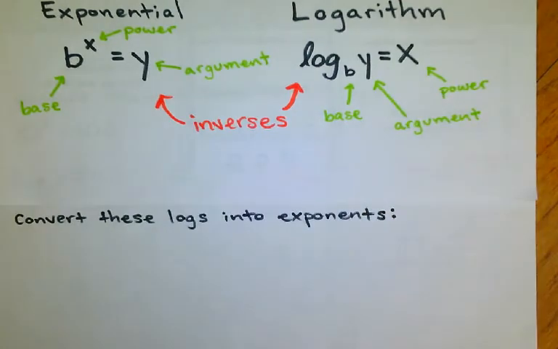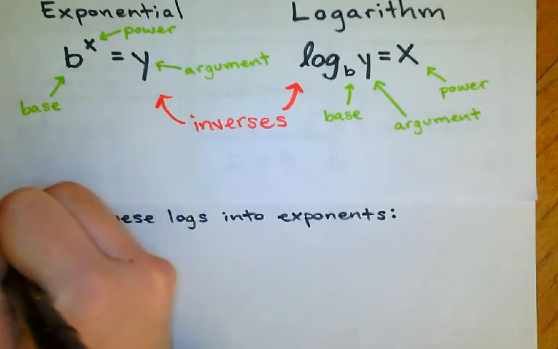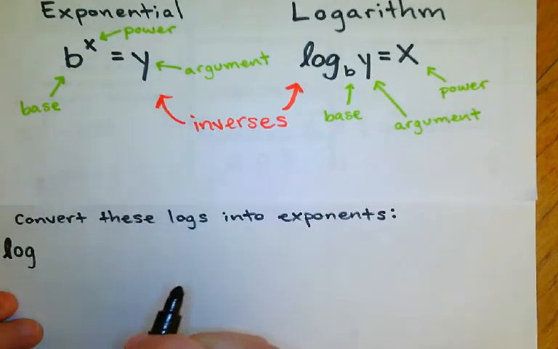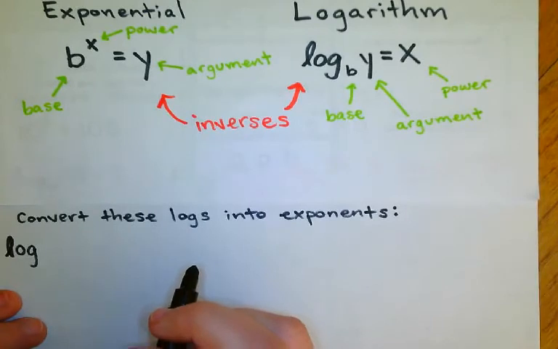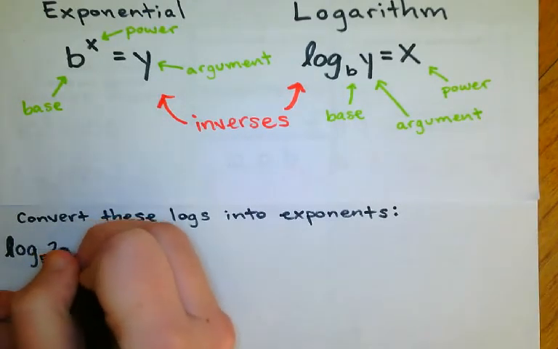All right, here's our examples. Log, there we go. That way it doesn't look like the number line. Log base 5.